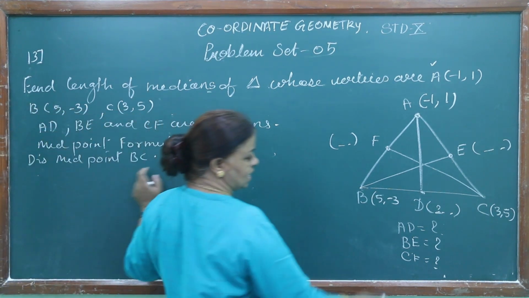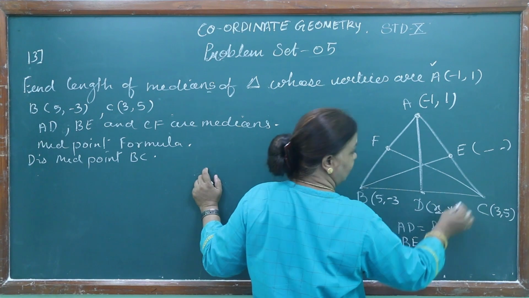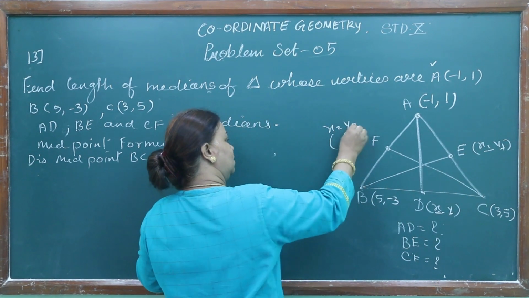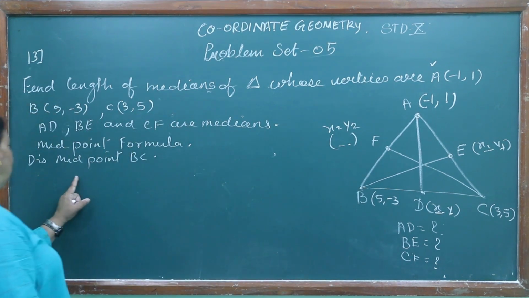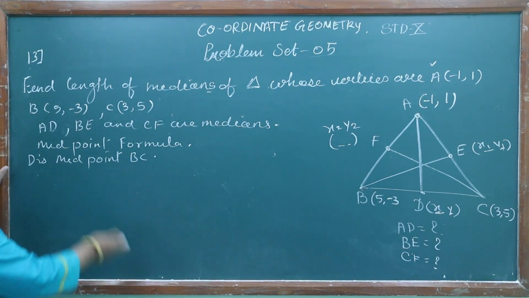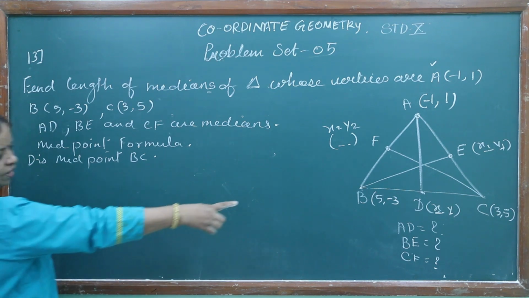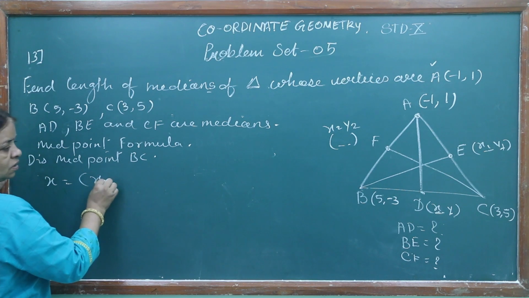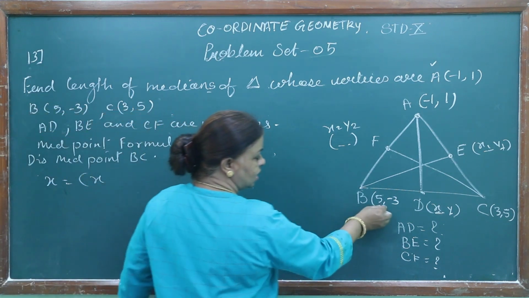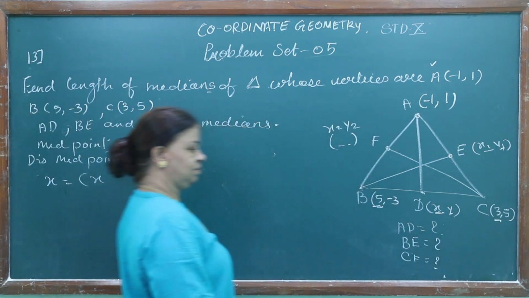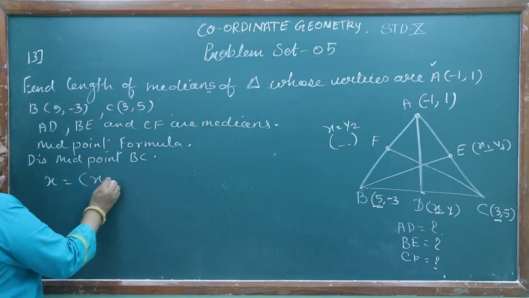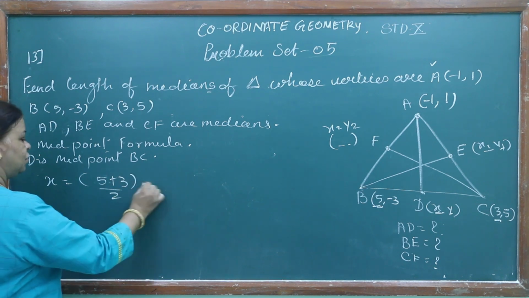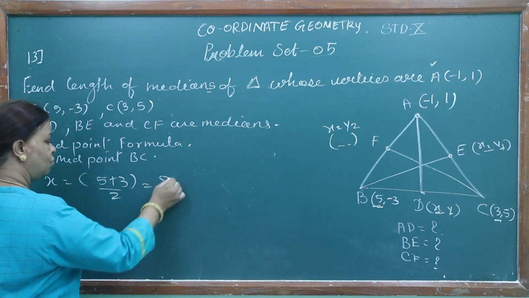Let me take it as x, y, x1, y1, x2 and y2. So D is the midpoint of BC. So we can use midpoint formula for finding the coordinate. X is equal to this plus this, children. X coordinate 5 plus 3 upon 2, which is equal to 8 upon 2, 2 4s are 8.